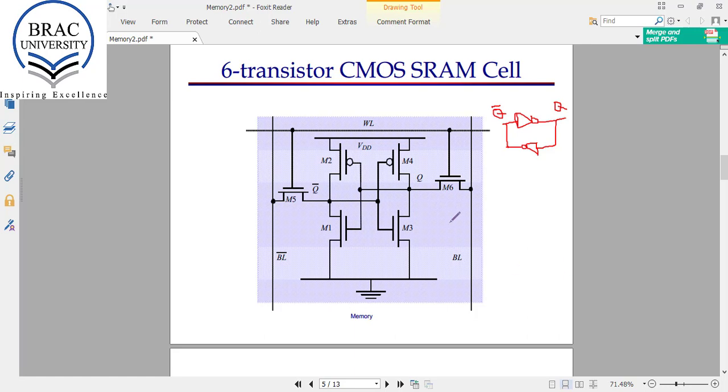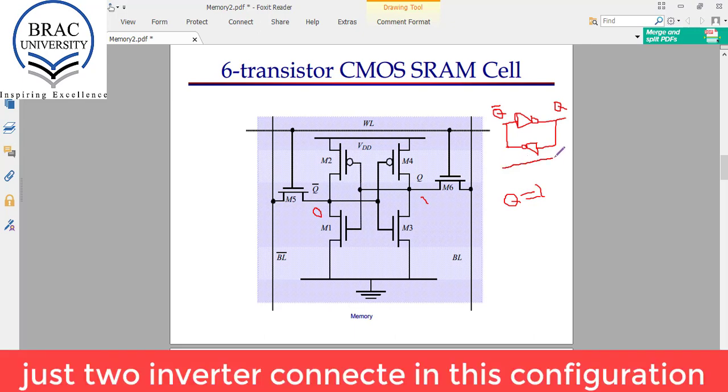Let's assume that data, that is Q equals 1, is stored in this cell. If Q equals 1, this location is 1, and Q bar is 0. As you can see, this is a memory cell and it is nothing but two inverters connected in this configuration.